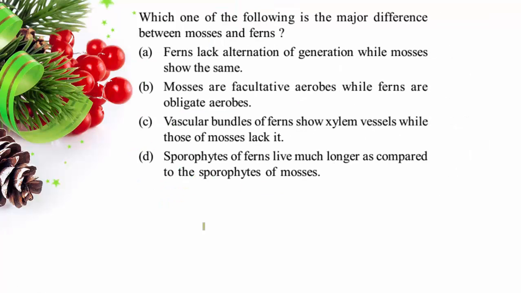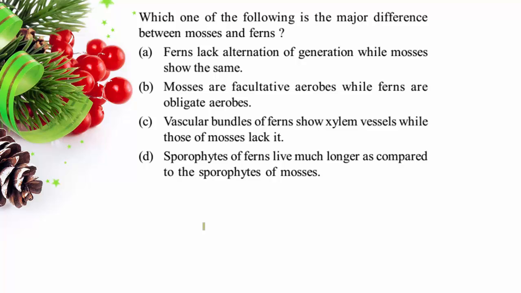The next, which of the following is a major difference between mosses and ferns? Options are: ferns lack alternation of generation while mosses show the same.